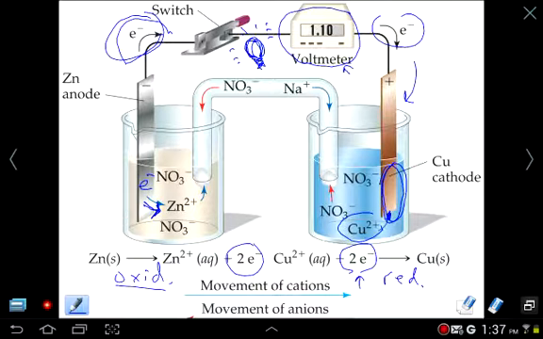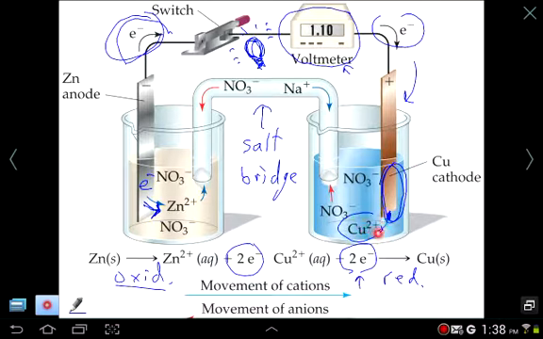The last piece here is the salt bridge. This guy is actually called the salt bridge. And the salt bridge is there to balance for the ions that are lost in the oxidation and reduction half reactions. So anytime copper 2+ in this reduction half reaction goes onto the metal, we're losing positive charges because we're constantly reducing.